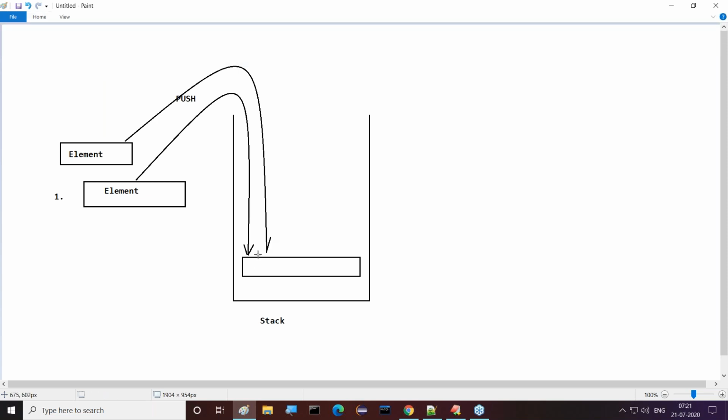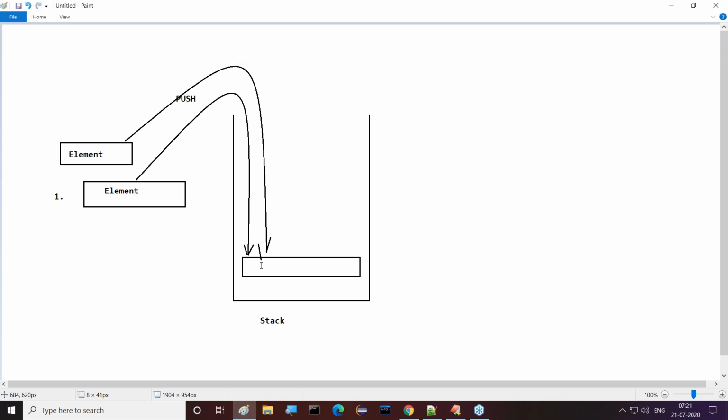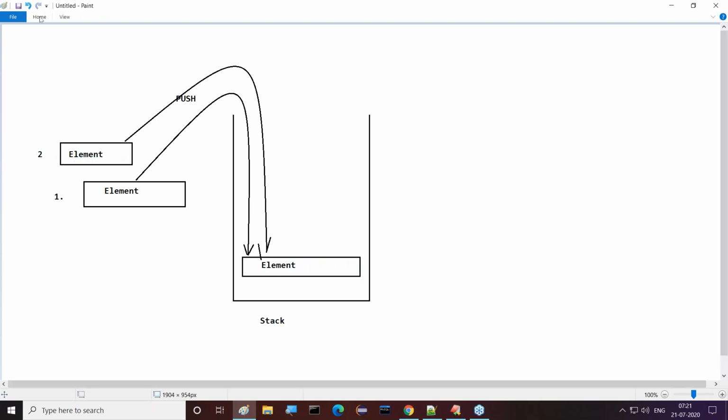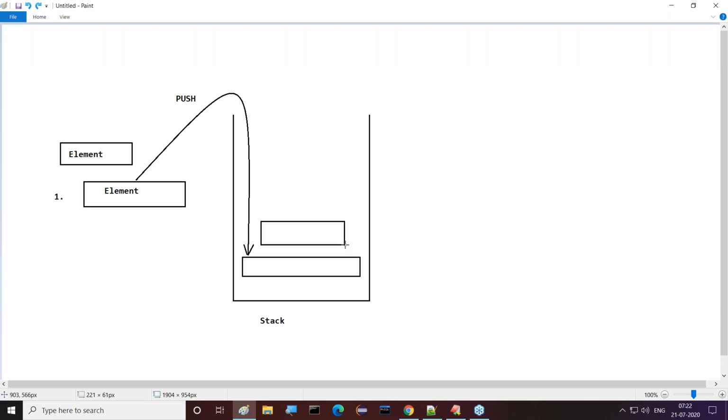Now we are going to push that element into the stack. The first element we already pushed there, and here this is the second element. I push it to the stack now.